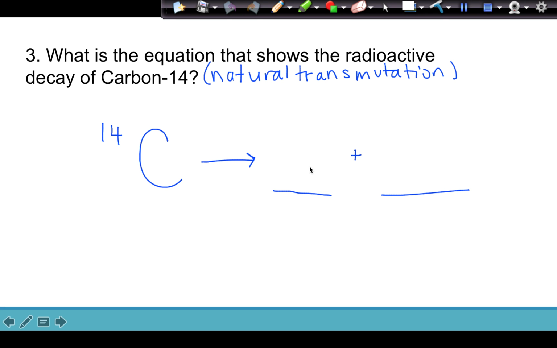So on table N, it says that carbon-14 undergoes beta decay, right? It has the B minus. So we're going to look on table O and find out that this is the symbol for a beta particle. Carbon has an atomic number of 6.